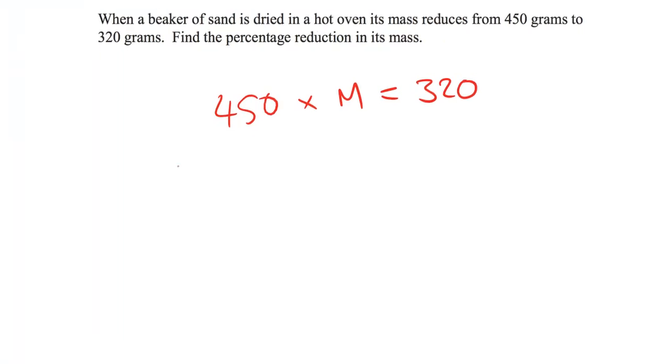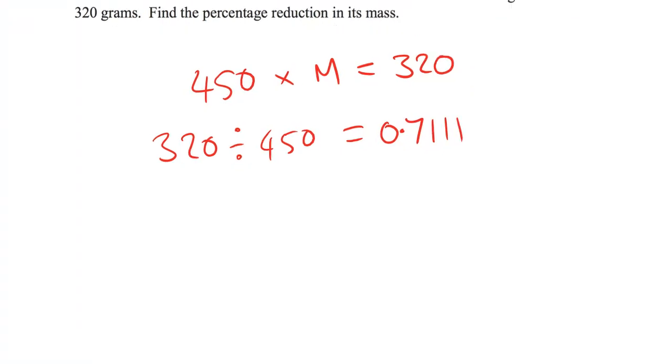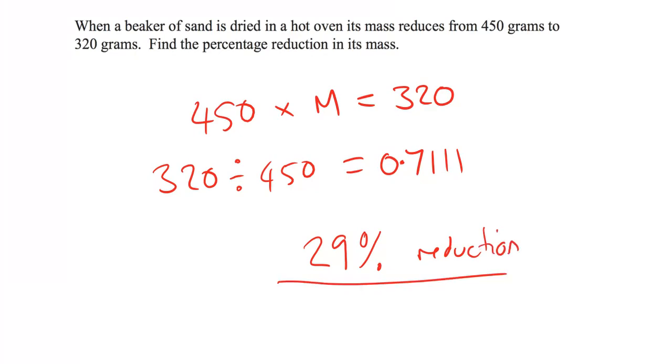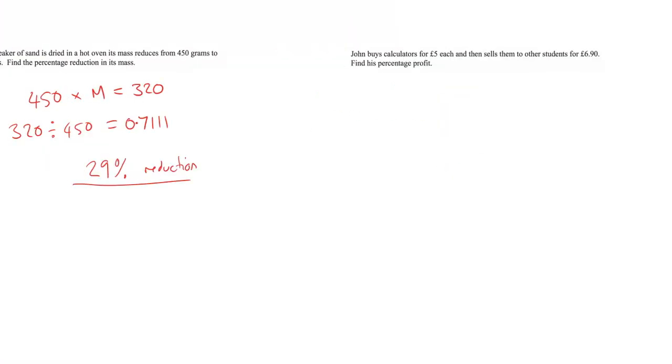Either way, we've got to do the same calculation. So if I take 320 and divide it by 450, I get 0.7111. I've got to now convert that to a percentage reduction. And of course, 0.71 is going to be equivalent to a 29% reduction. And we're finished.